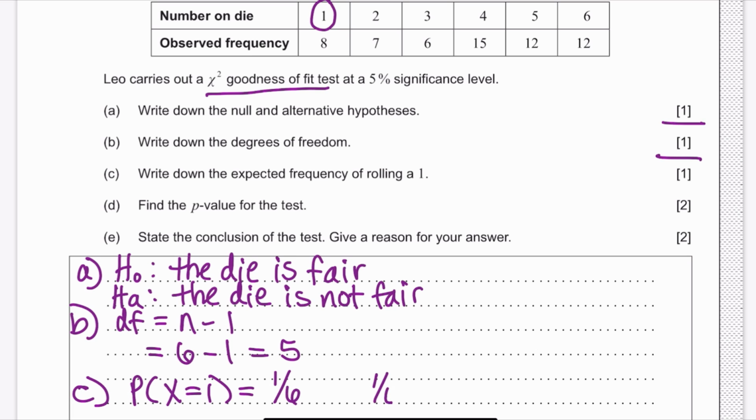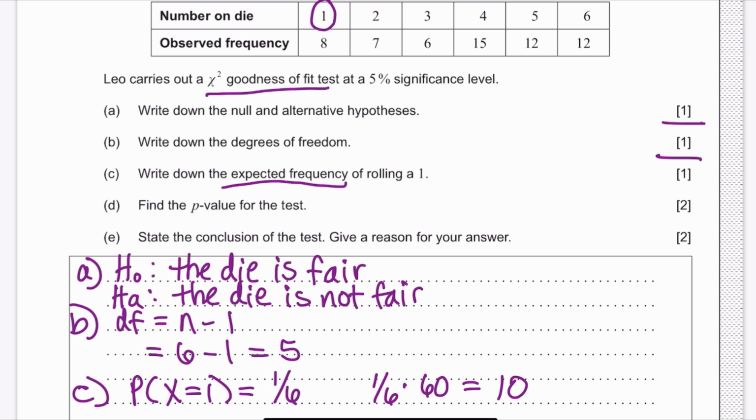So 1/6 times 60, that means that I would expect 10 times to roll the number 1 if in fact this is fair, because the probability is 1/6. So to write down the expected frequency of rolling a number 1, you basically have to multiply the probability times the total number of times that you're doing the trials, the experiment. So in this case, it's 1/6 times 60.